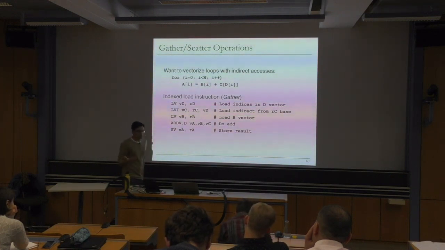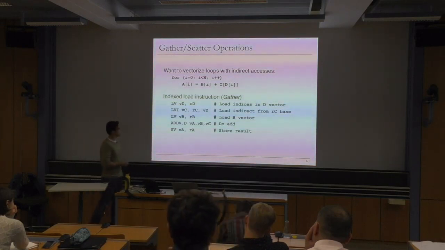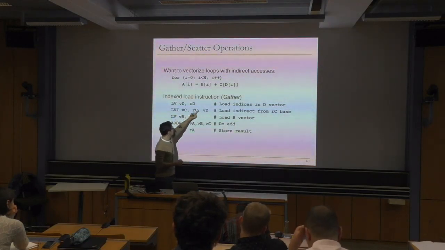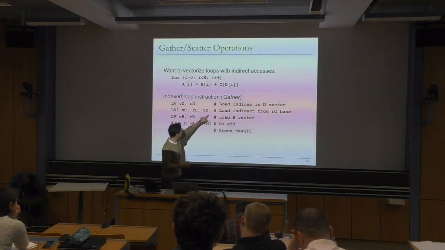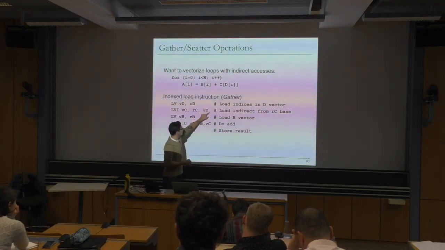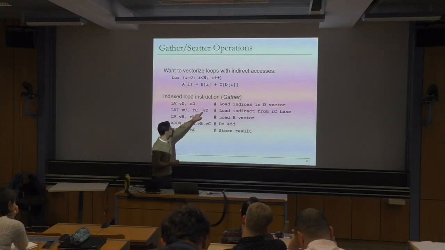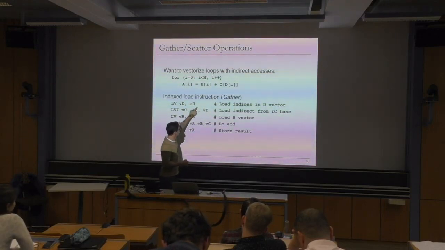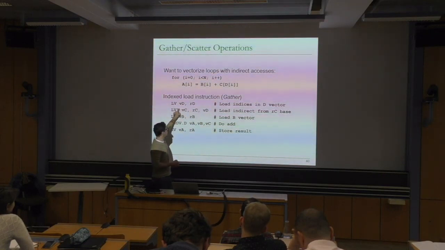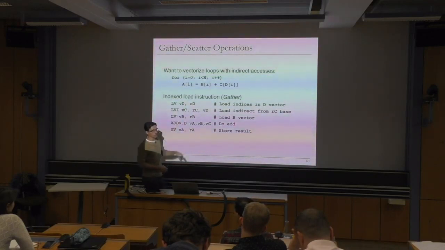Anyway, SIMD processors usually have a load indirect instruction that, starting from a base address, in this case RC, which contains the base address of array C, and having some indices stored in vector D, which we just read with the previous instruction, can generate the addresses from the base address plus the index inside array C, then go to memory, read some values and store them in vector C. This is called a gather instruction.